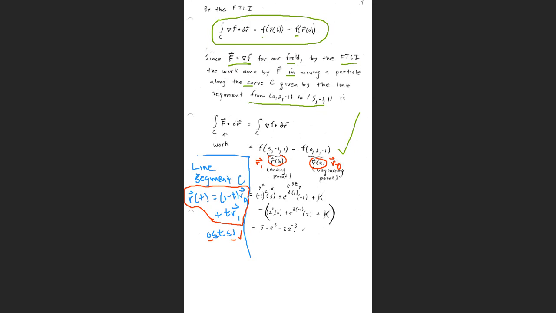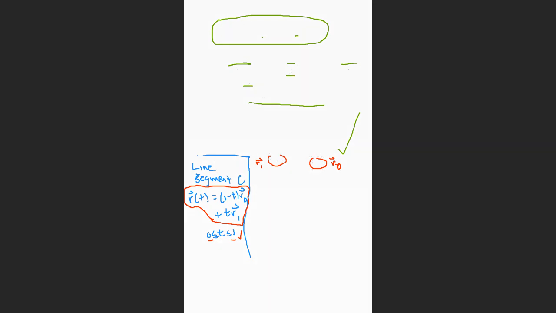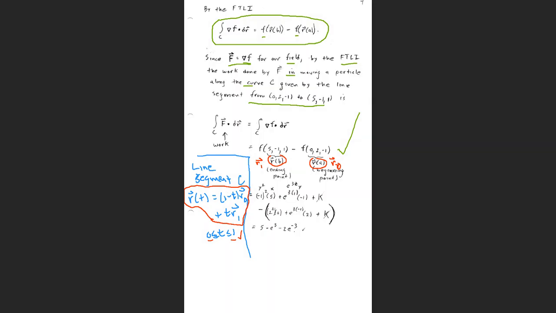But because the fundamental theorem of line integrals just depends on finding the potential function and evaluating it at the beginning and end points, you don't even need to find the parameterization for the line segment.